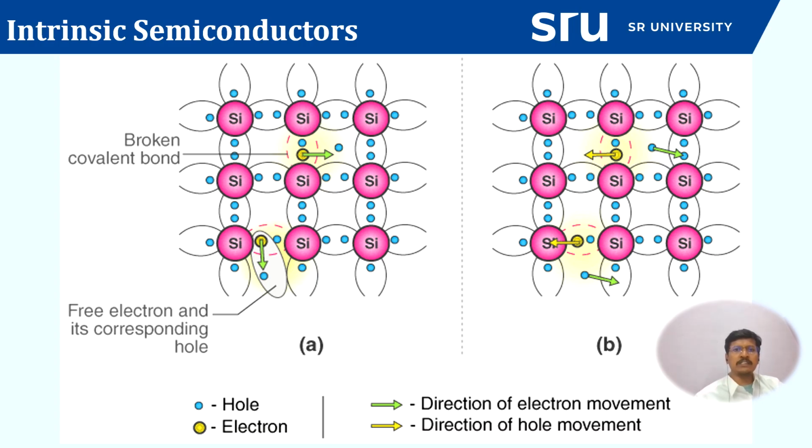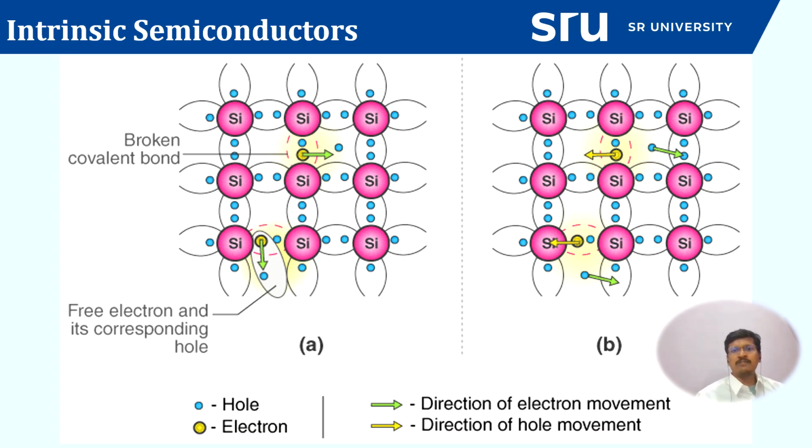As temperature increases, the thermal vibrations become stronger. Eventually, some of the electrons gain sufficient energy to break free from their bonds. Once an electron is released, it moves into the conduction band and becomes available for electrical conduction; that is what we call a free electron.